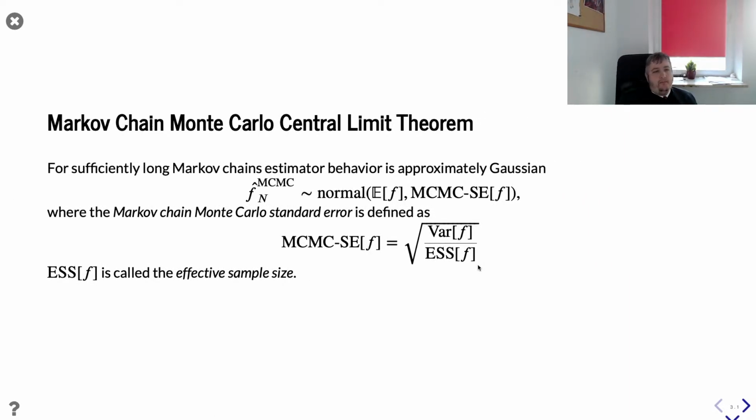We have, of course, the analog for quantification of errors, which we call the Markov chain Monte Carlo central limit theorem, which is similar to the Monte Carlo central limit theorem for estimators. However, the standard error is defined as the division of the variance of f by the quantity called effective sample size.